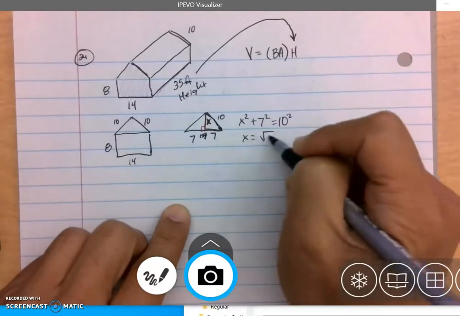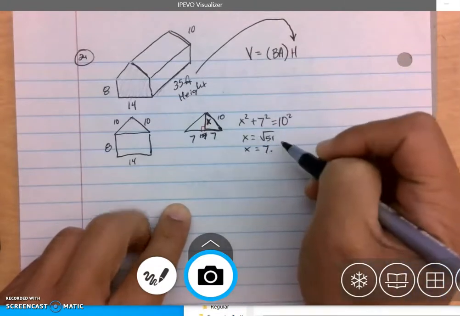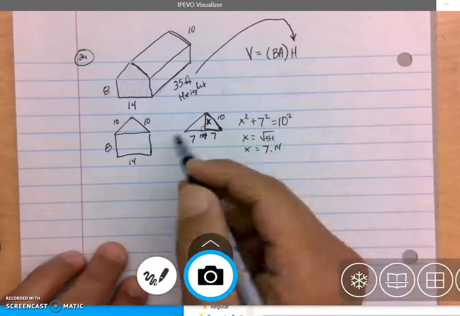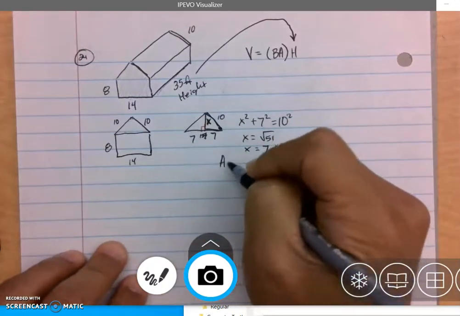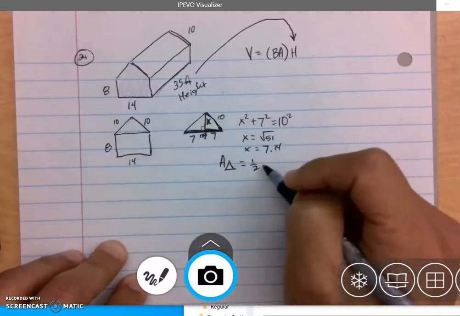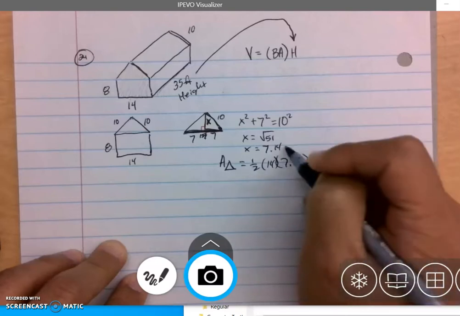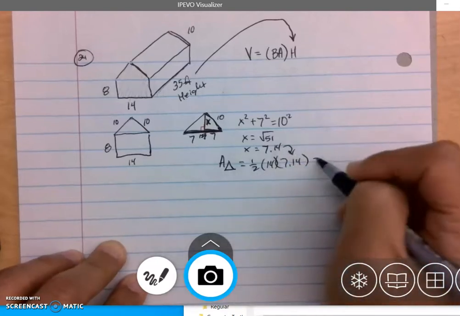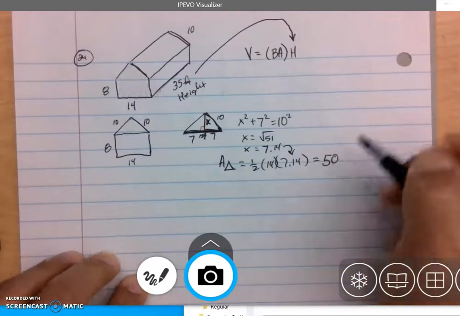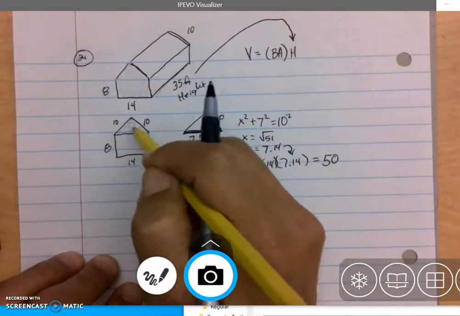Saving us time here, this is the square root of 51, which is about 7.14. So the area of this triangle is 1/2 base, which is 14, times height, 7.14. Going to the calculator, this is basically 50. So the area of this triangle part here is 50.